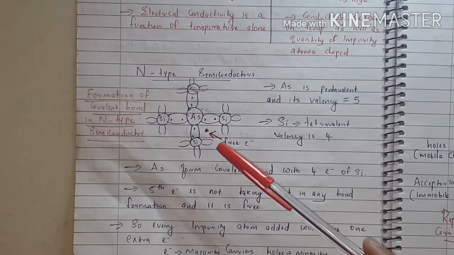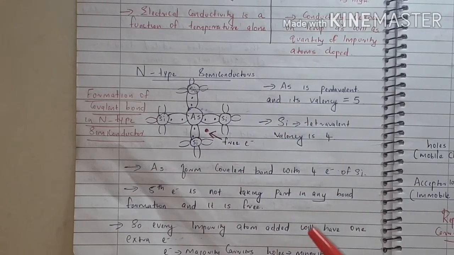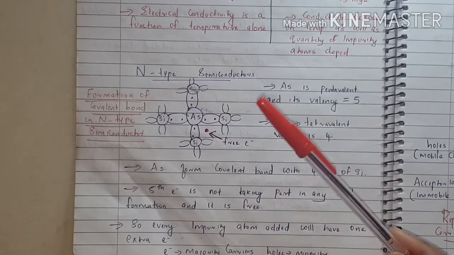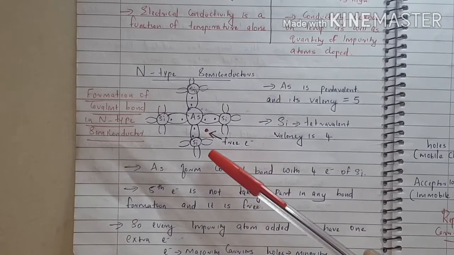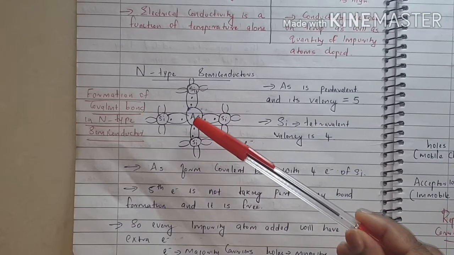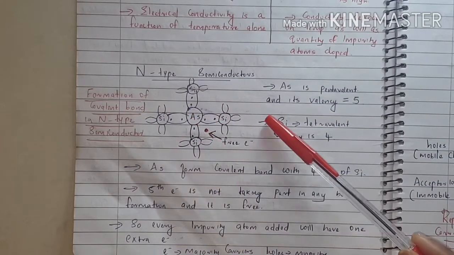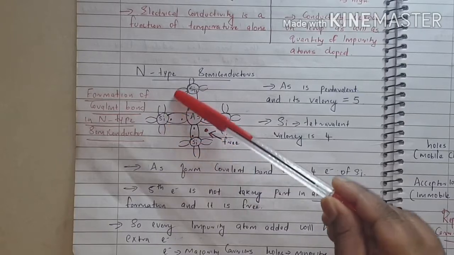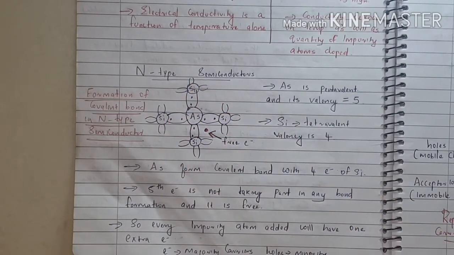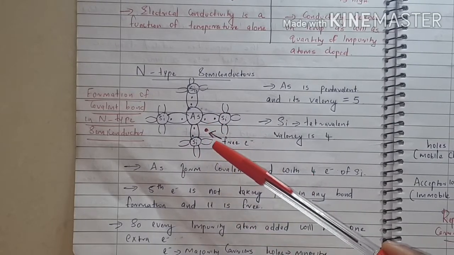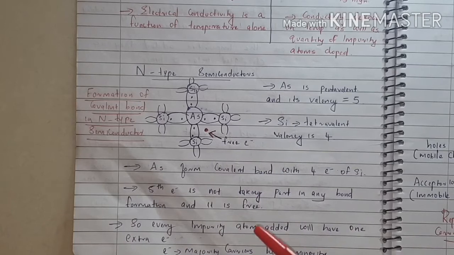Since arsenic is a pentavalent impurity, that is, it has a valency of 5, it forms covalent bonds with the 4 electrons in silicon. The 4 electrons of arsenic form covalent bonds with the 4 electrons of silicon, and the 5th electron is not taking part in any bond formation, and it is a free electron.